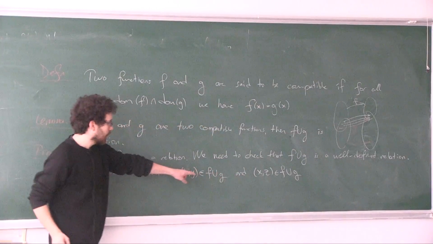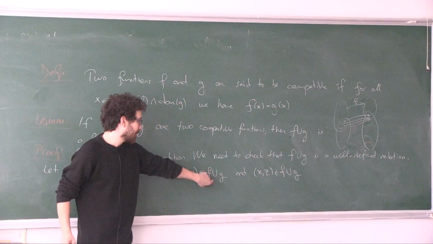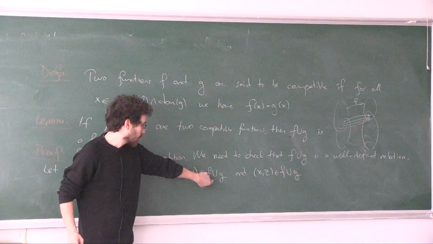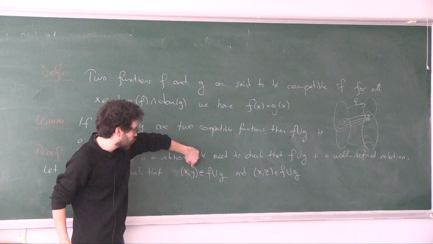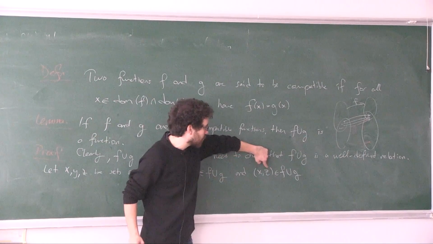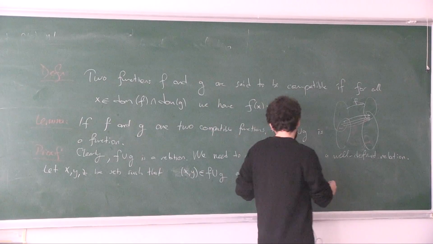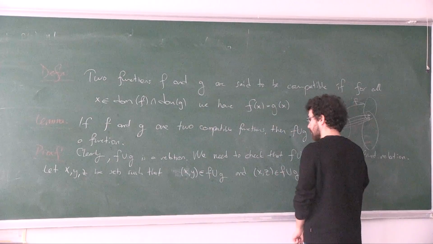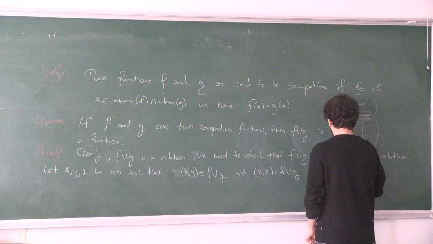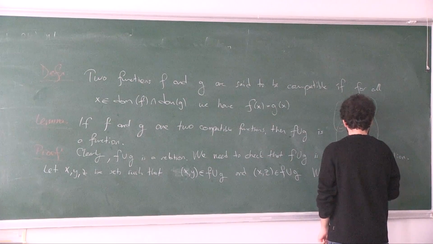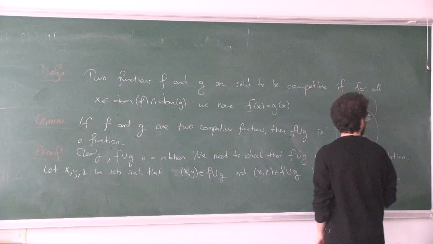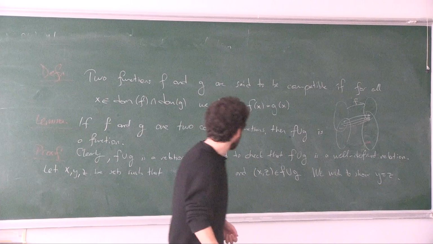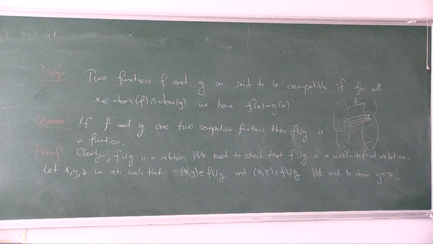I want to prove that this union is a well defined relation. So I need to prove that when x is related to y under this relation and when x is related to z under this relation, z actually equals y. We wish to show y equals z. Now, there are 4 cases that can happen.